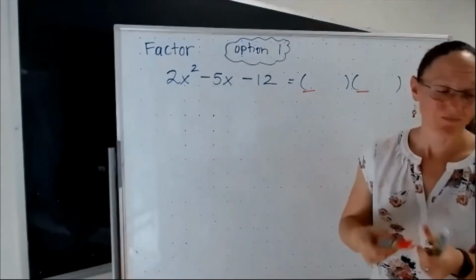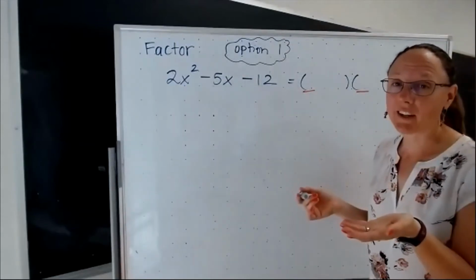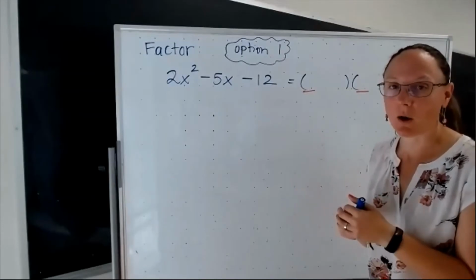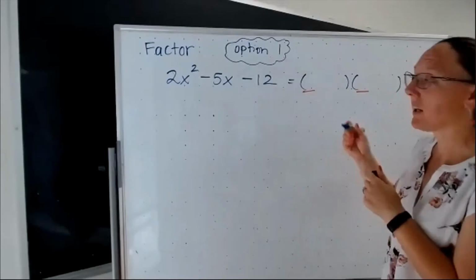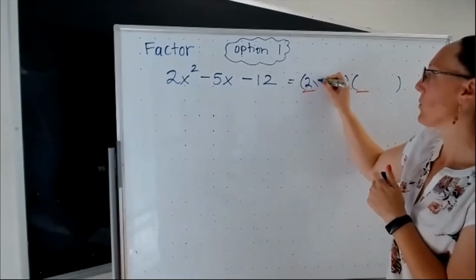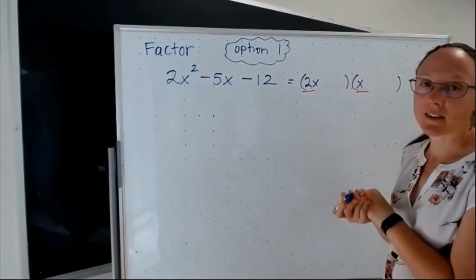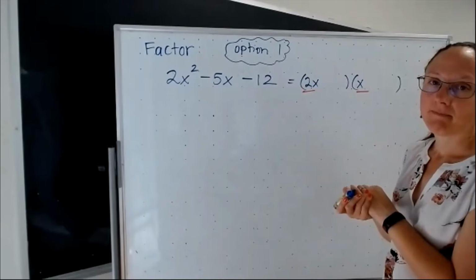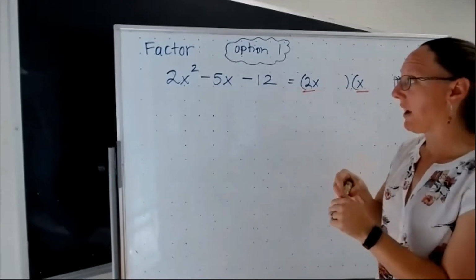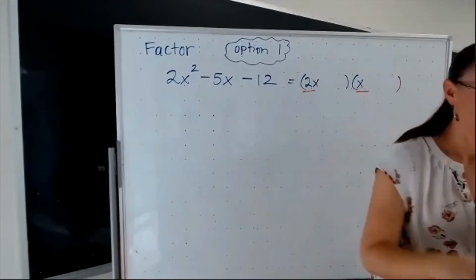So I'm thinking, how can I get a 2x squared from a multiplication problem? Well, the only way I'm going to get 2x squared is 2x times x.